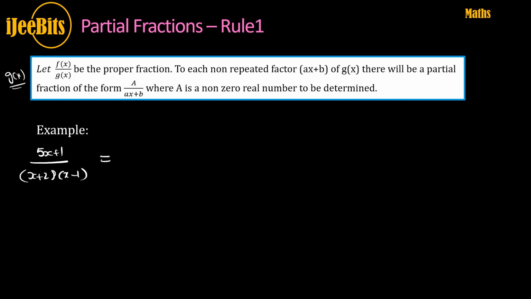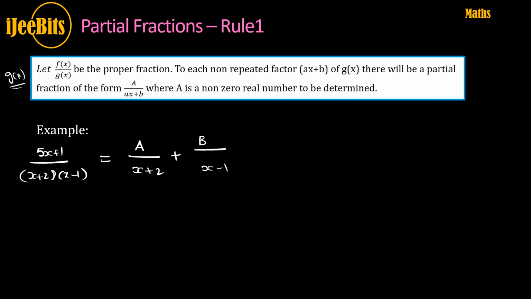These can be rewritten in the form of partial fractions: A by x plus 2 plus another non-zero real number B divided by x minus 1. If you write it this way, you can then determine A and B. Step 1, you split into partial fractions, and then step 2, you find out the constants A and B. Step 3, replace them back.